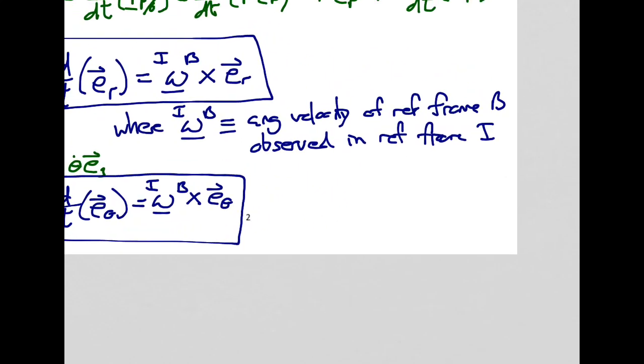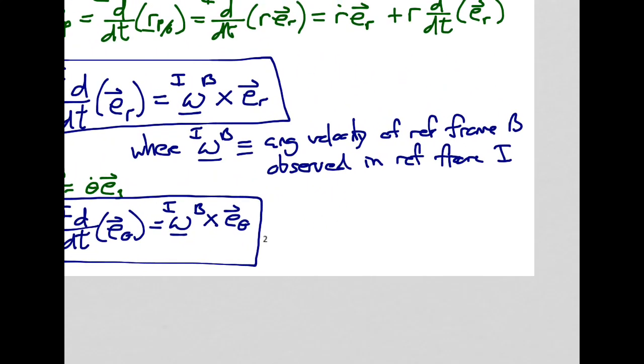And the general form, if we just want the generalized form, is this. We're saying that d/dt as observed in any reference frame A of b, where b is a unit vector in frame B, is equal to omega of reference frame B as observed in reference frame A crossed with that unit vector in reference frame B. Okay, so let's say that again.